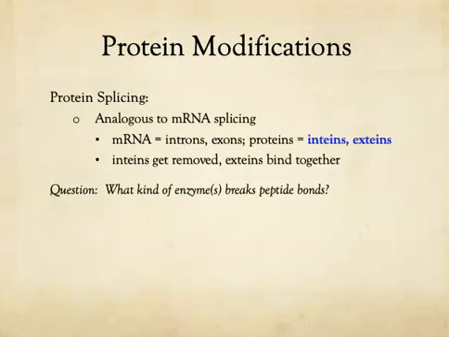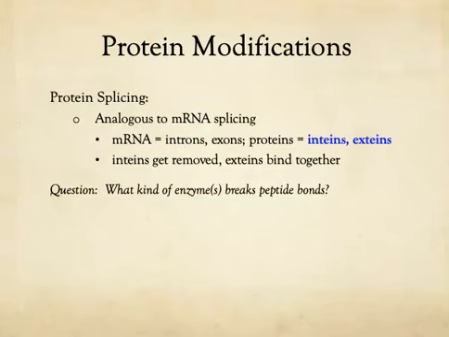Now, when we look at splicing, it's very analogous to the kind of splicing that happens to messenger RNA. Remember, in eukaryotic cells, part of the processing that occurs in the messenger RNA molecule involves cutting out the introns and bringing the exons together.